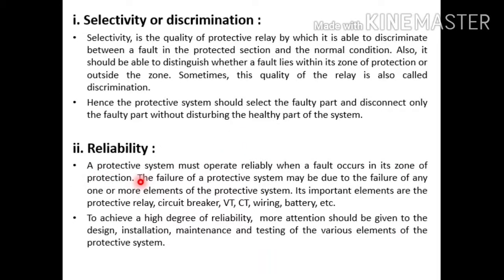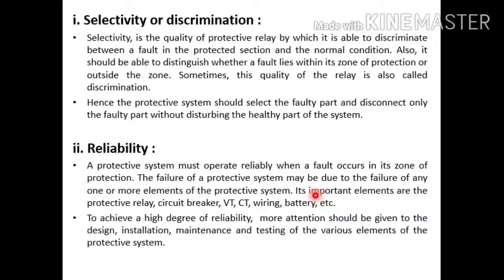Reliability. A protective system must operate reliably when a fault occurs in its zone. The failure of a protective system may be due to the failure of any one or more elements of the protective system.